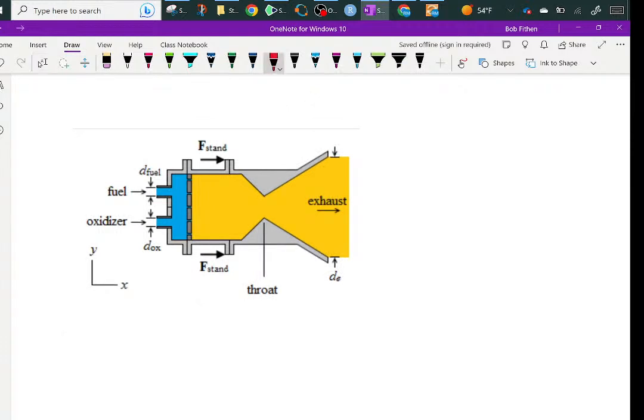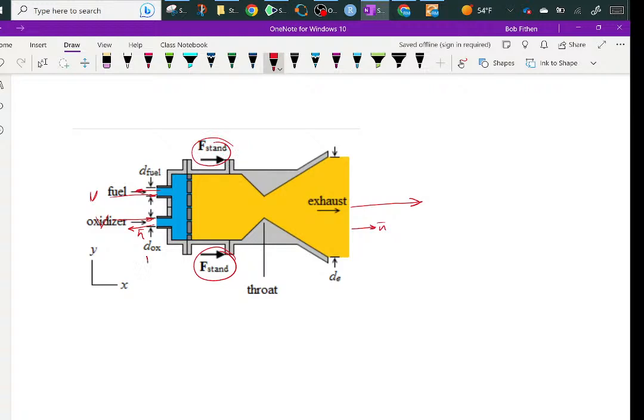Here's an exit. So if I look at this, this is the normal to the exit. I got a normal to the exit here, a normal to the exit here. So I got flow coming in, some sort of velocity, and some sort of velocity coming in. And then I don't have anything else. That's just the force on the stand to keep it the way it is.